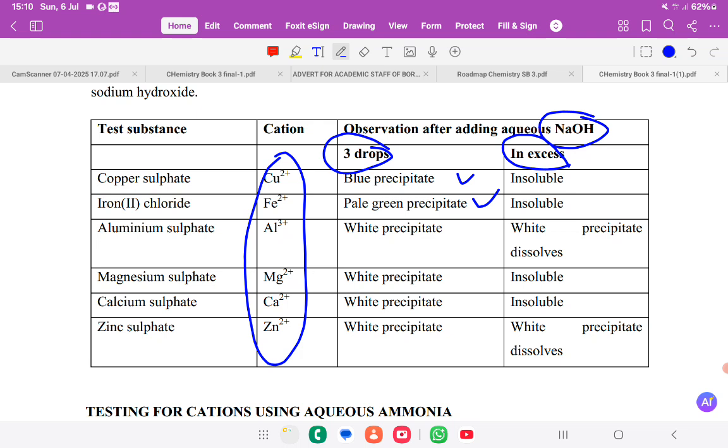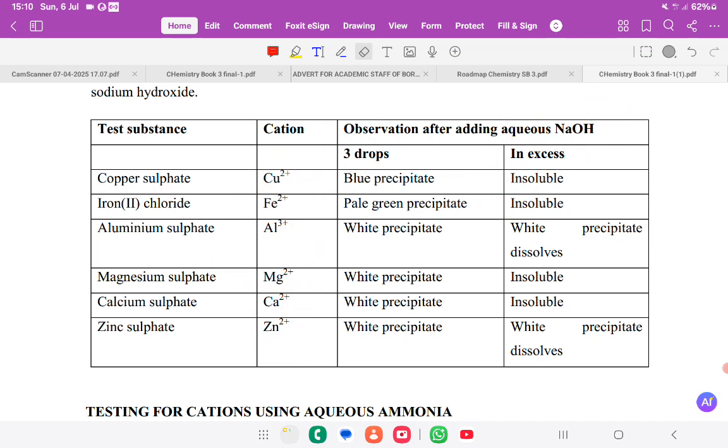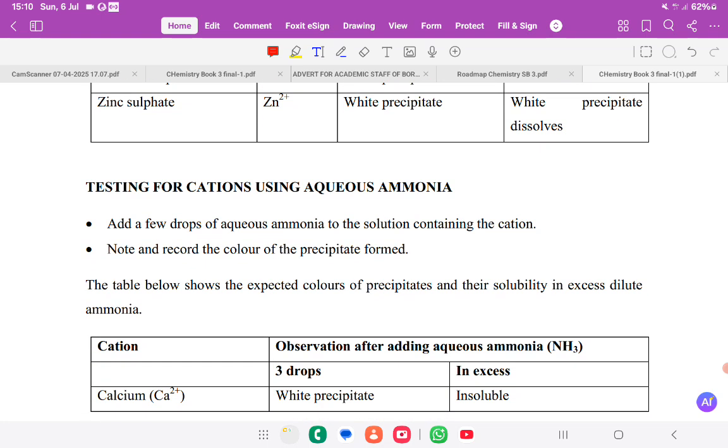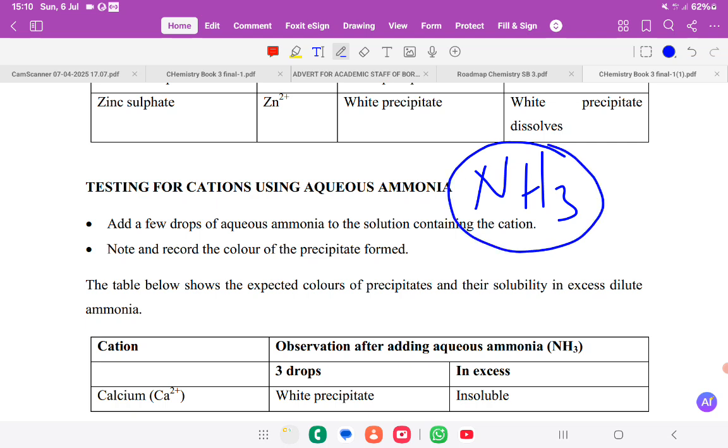Now, we can also test for cations or positive ions by using aqueous ammonia. Ammonia is NH3. This dissolved in water will form aqueous solution of ammonia.